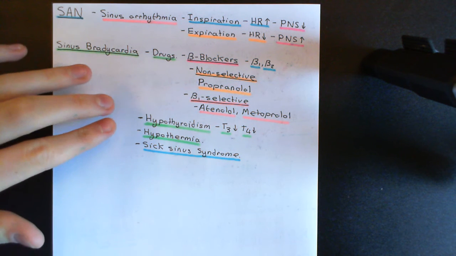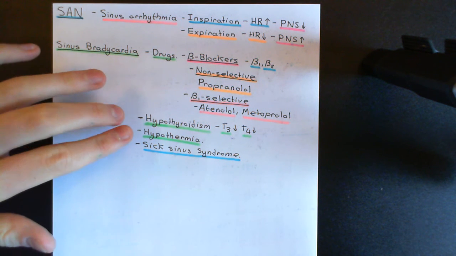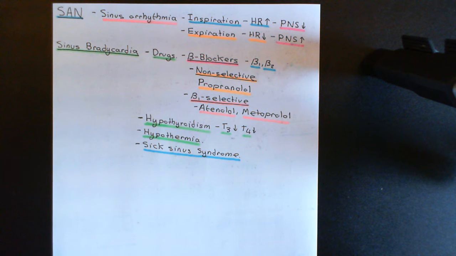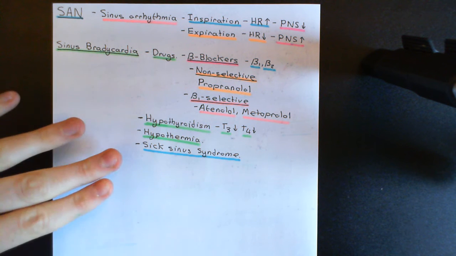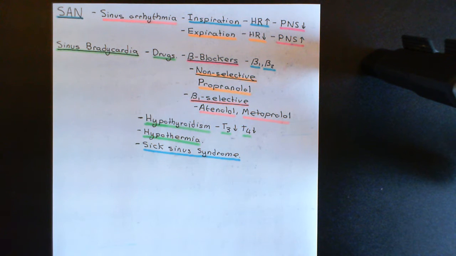If you have someone who is hypothyroid or hypothermic, you would address that issue first. If you've got someone with sick sinus syndrome, then that's something you're not going to be able to address with a different intervention other than with treatment for sinus bradycardia. So sick sinus syndrome is only really the one where this treatment is even going to apply.